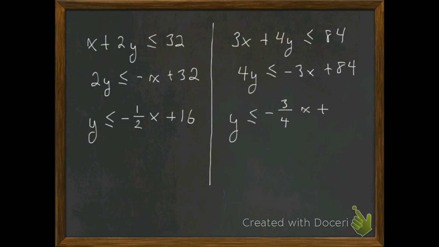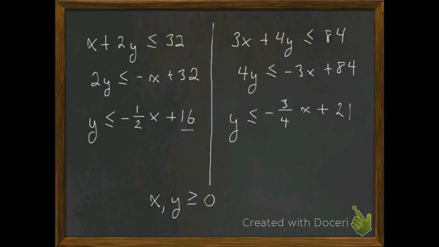And let's see, 84 divided by 4 was that 21. Now, keeping in mind we have two additional constraints. Must be greater than or equal to 0. Okay? Now, guys, we can get a lot of information about our region we're going to graph these things over.